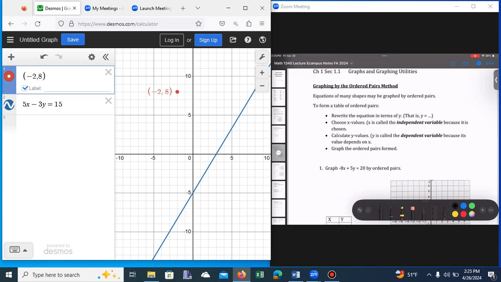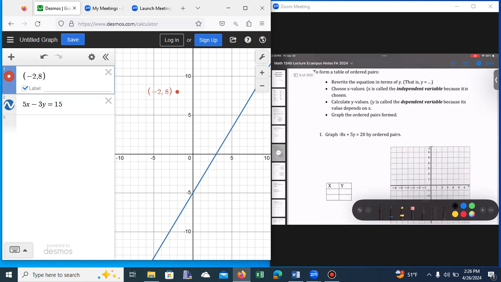We graph ordered pairs. Your x is called your independent variable. Your y is your dependent variable. And there's a few ways of graphing linear equations, which is anything that has just an x and just a y. Now, in Desmos, you don't have to rewrite the equation in terms of y, but when you do it by hand, sometimes that is an easy way of doing it.